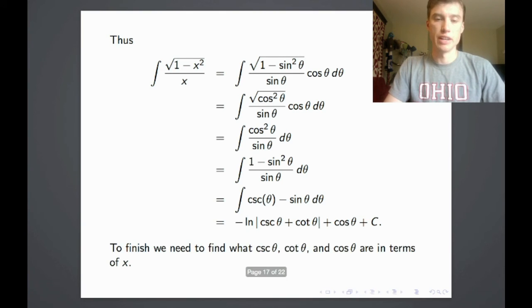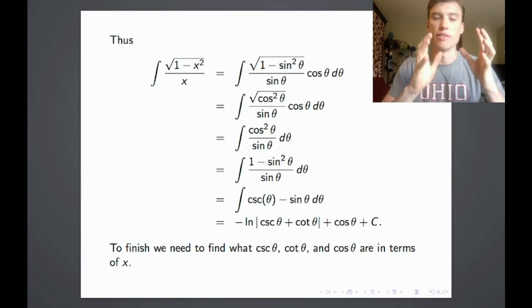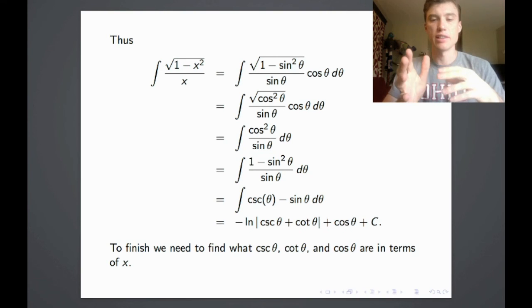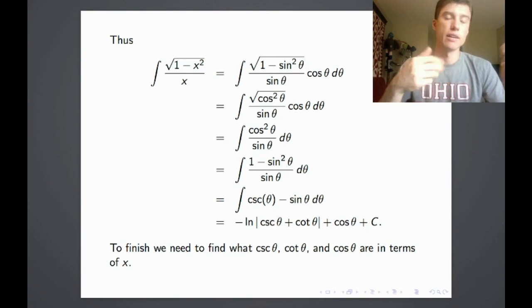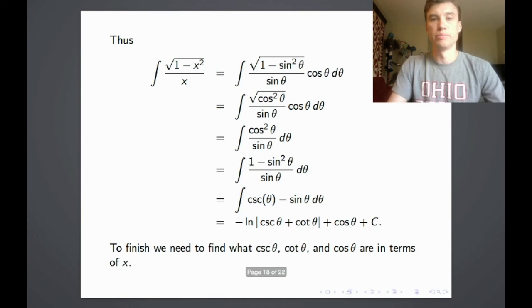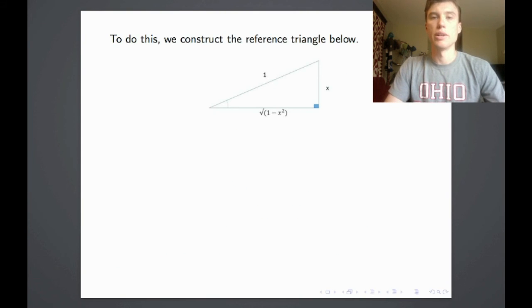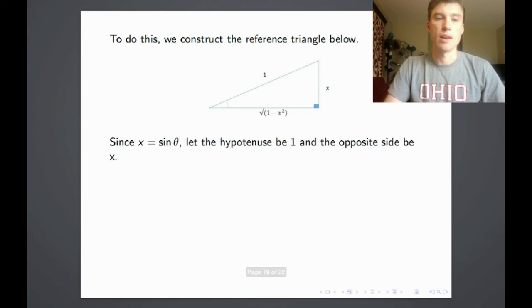Thus, to finish, we need to identify what cosecant theta, cotangent theta, and cosine theta are in terms of x. We need to substitute back into our original variable. To do this, we construct the following reference triangle. We know that x is equal to sine theta.